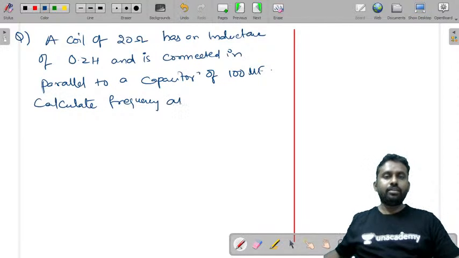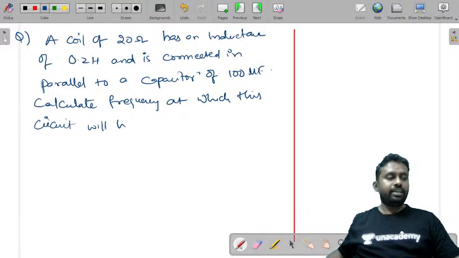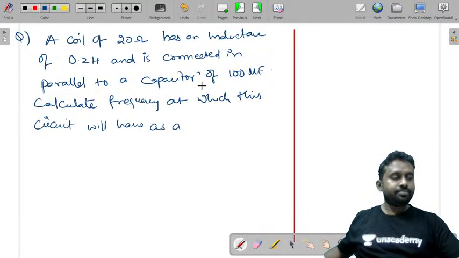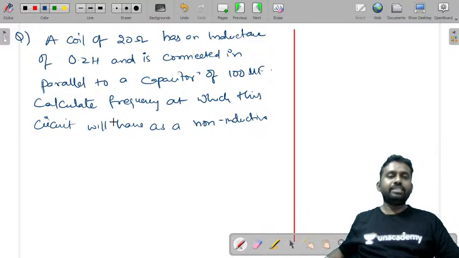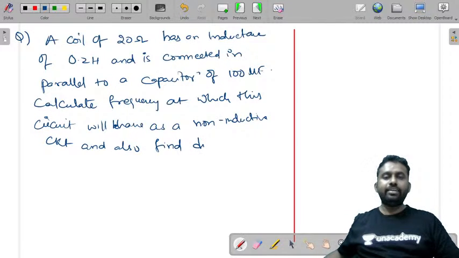We are asked to calculate the frequency at which this circuit will behave as a non-inductive circuit, and also find the dynamic resistance.